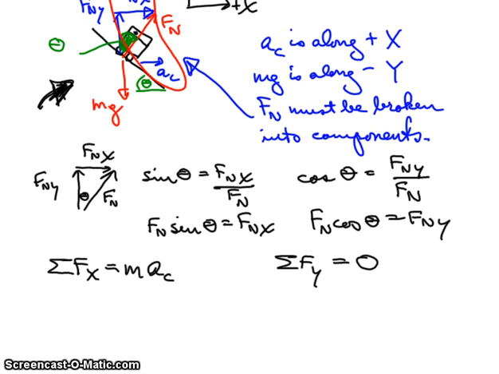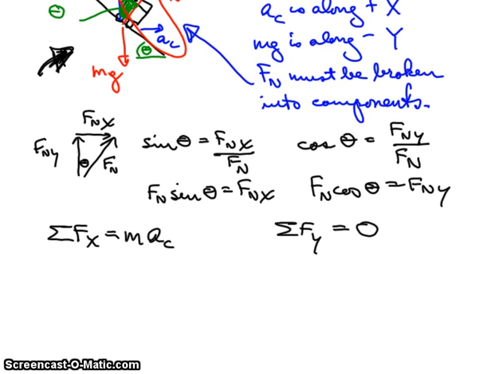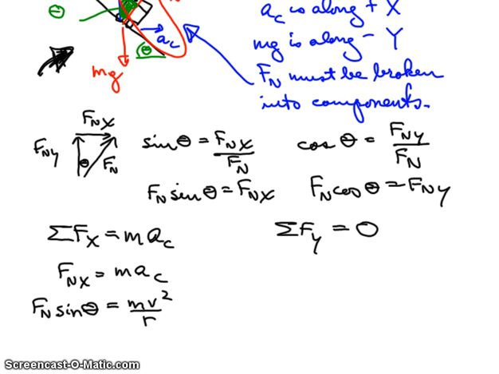So what I would write down here then is f sub n in the x direction equals m a sub c. Now, I know what f sub n in the x direction is. It's f sub n times the sine of the angle, which is equal to m times v squared all over r. So we're getting into the velocity. We've introduced the velocity. We want to get rid of the normal force. So let's solve the y direction.